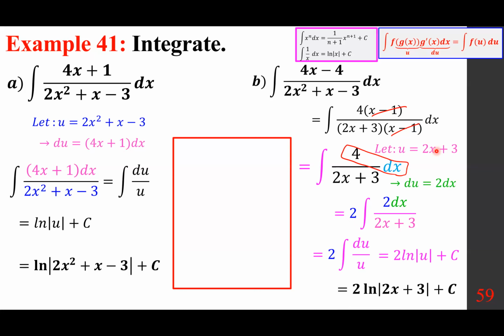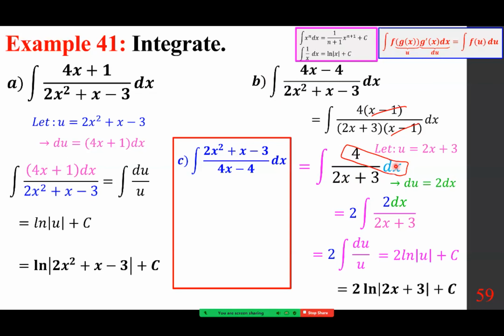Now, here's the interesting part I want everybody to pay attention to, and that is, again, seeing it side by side. If I use the reciprocal of b, I'm going to factor out x minus 1, and I get the reciprocal of that, 2x plus 3 over 4 times dx.